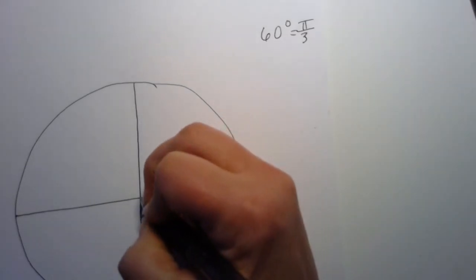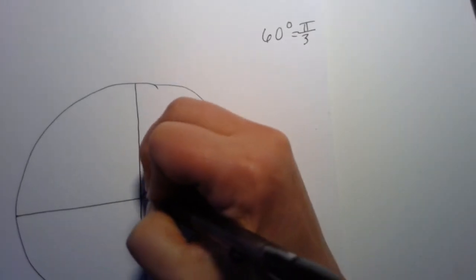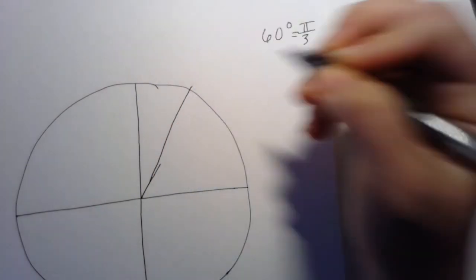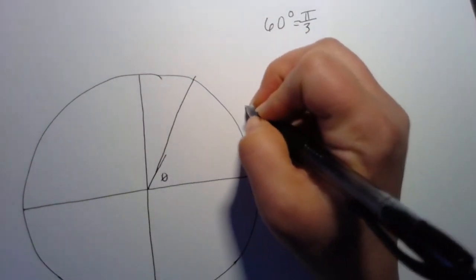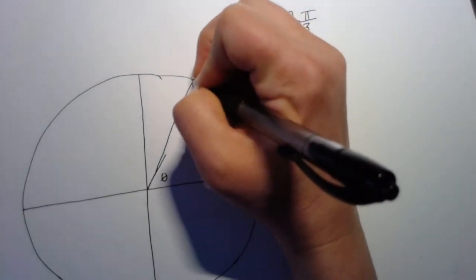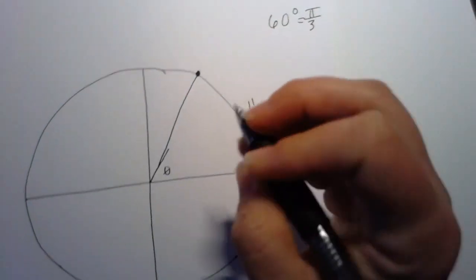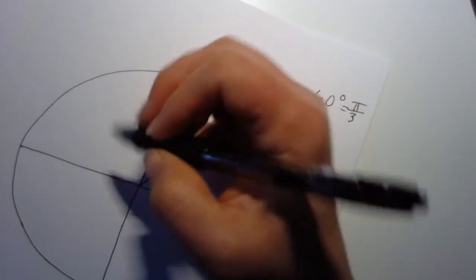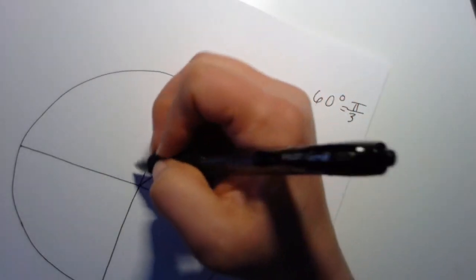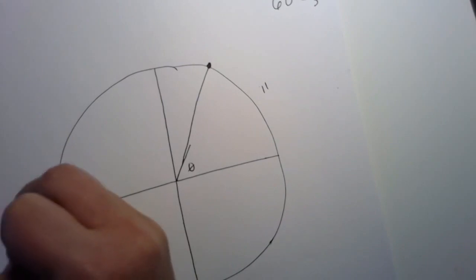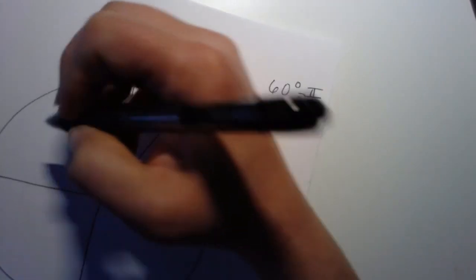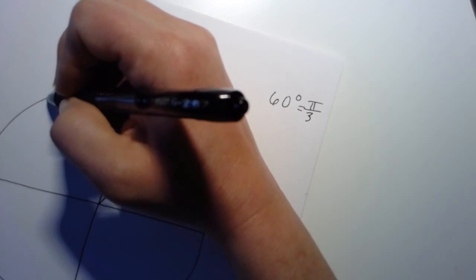So 60 would look about something like this, okay? So this is pi over 3 here. And then if I go another 60, so I know that 3 pi over 3 is going to be here, right? Because that's pi. So 2 pi over 3 should look like it makes a 60-degree angle over here.